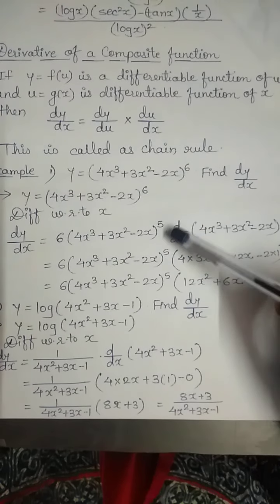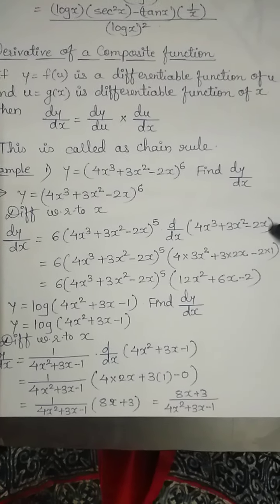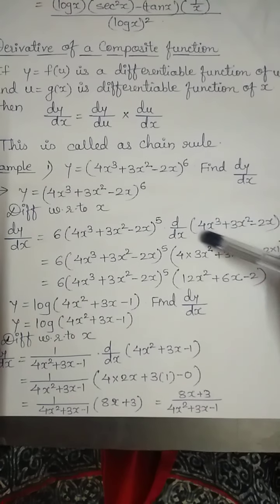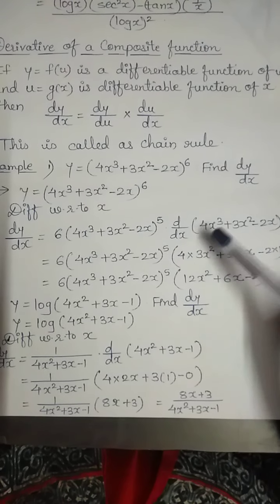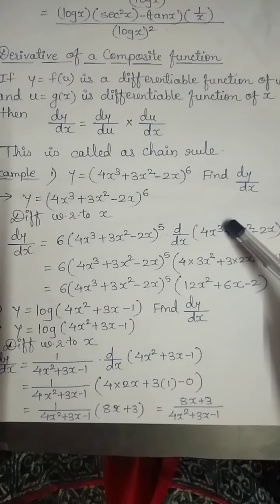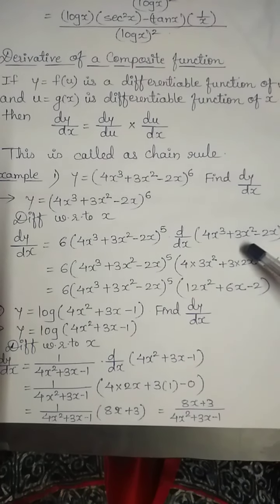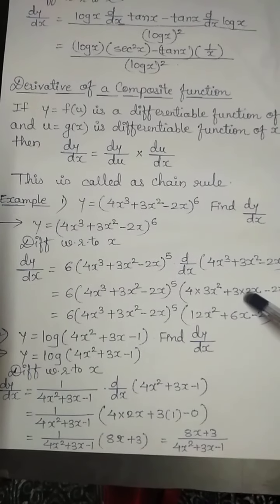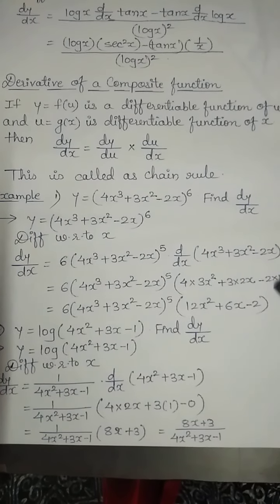So here we will write derivative of 4x cube plus 3x square minus 2x. Now finding the derivative of this, in the next term we will get 4 as it is, derivative of x raised to 3 as 3x square, plus 3 as it is, derivative of x square as 2x, minus 2 as it is, derivative of x is 1.